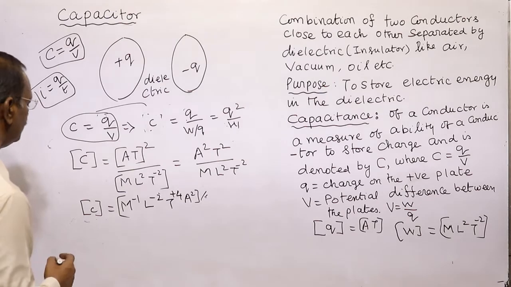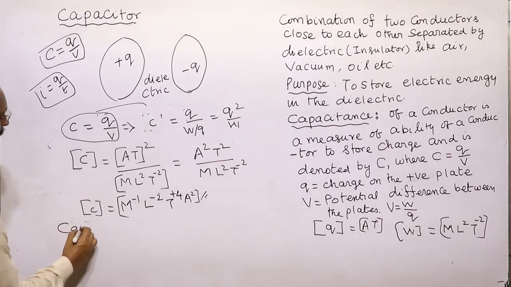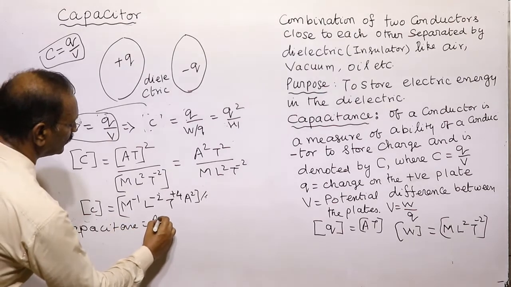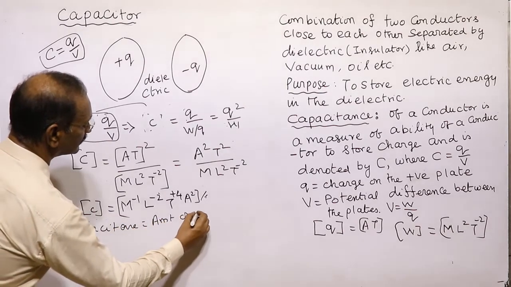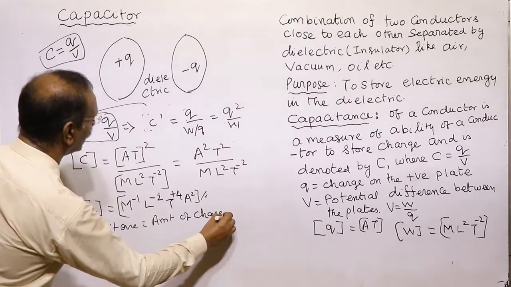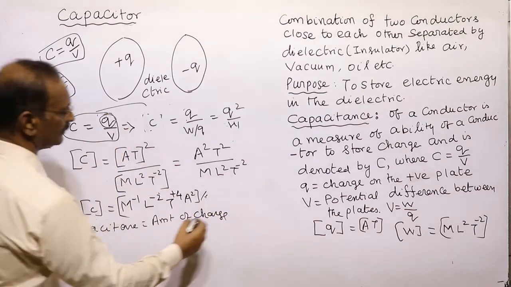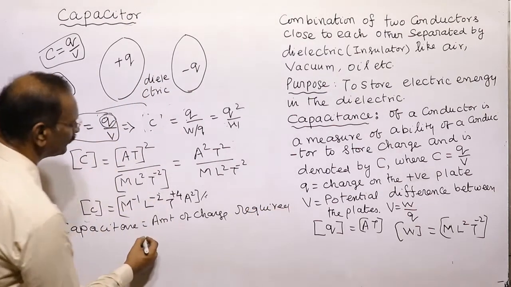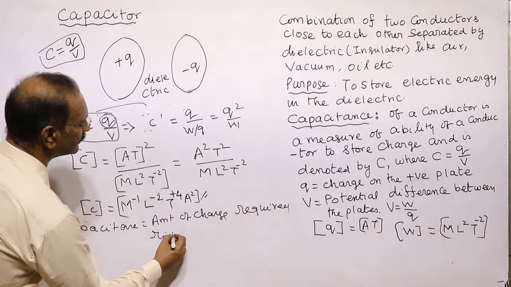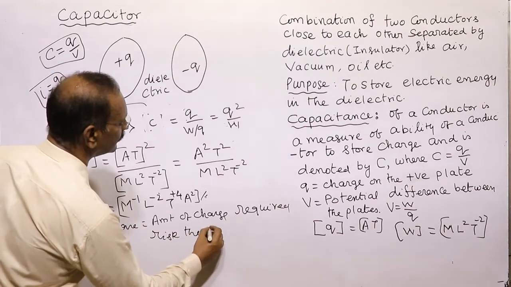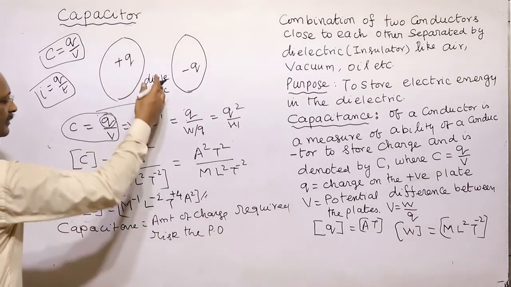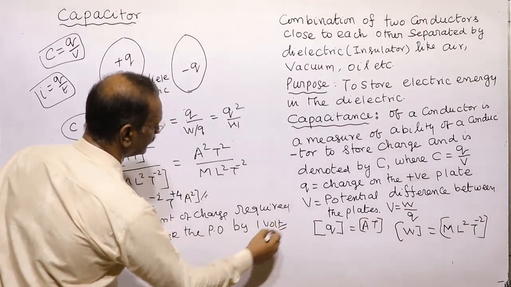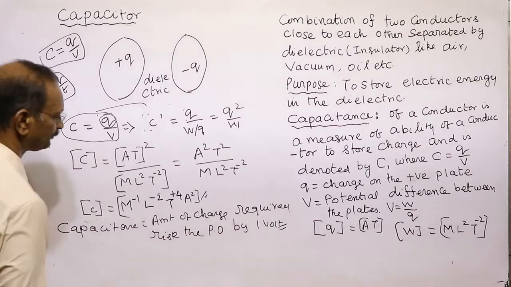So capacitance is the amount of charge required to raise the potential difference between the plates by 1 volt. This is the definition of capacitance.